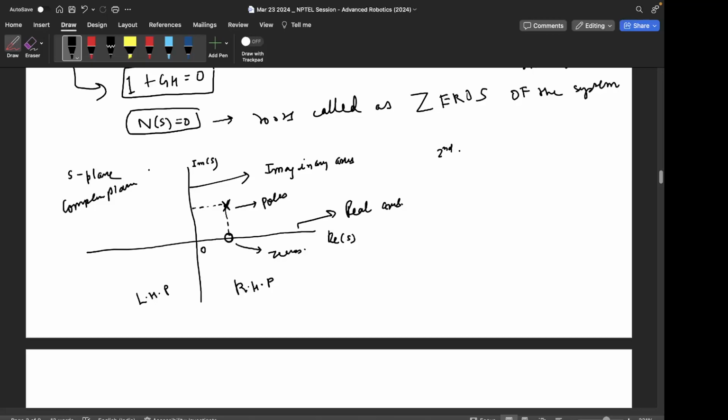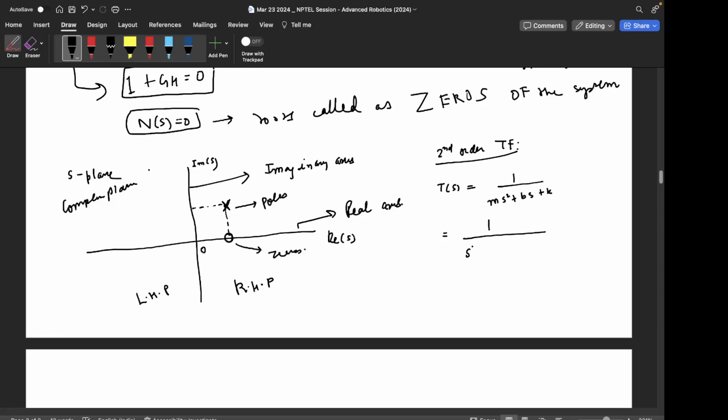The second order transfer function, let me denote it as T(s), was 1 by ms square plus bs plus k. The more common way to write this is in terms of the two key parameters which we had discussed last week, the natural frequency and the damping ratio.